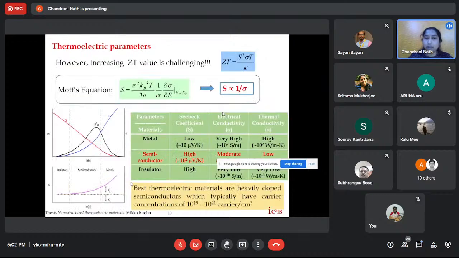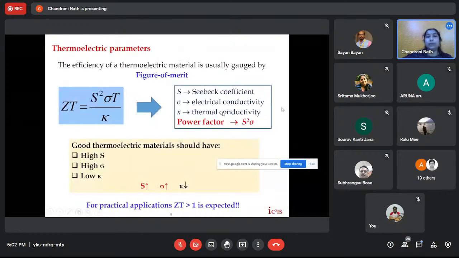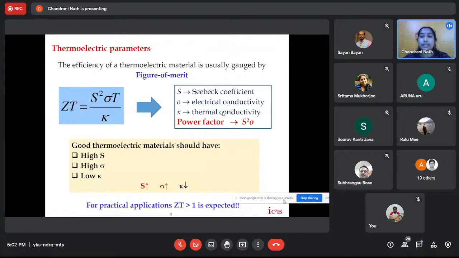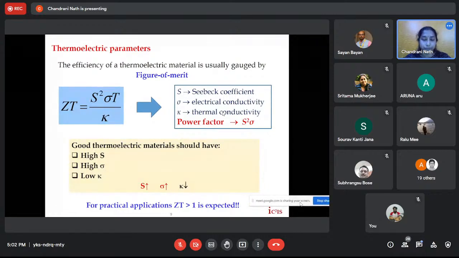So let's see the parameters that control thermoelectrics and gauge the efficiency of a thermoelectric material. The efficiency of a thermoelectric material is usually gauged by the figure of merit, which is described as ZT. That usually depends on the Seebeck coefficient S, electrical conductivity sigma, and the thermal conductivity kappa.